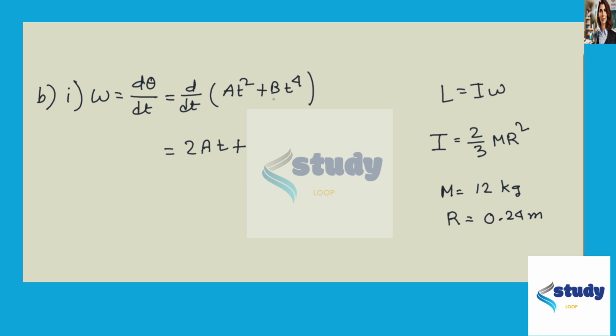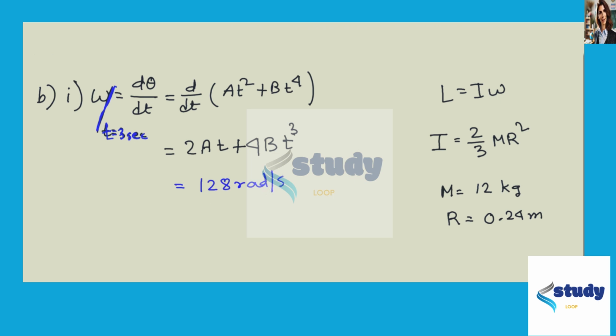Similarly for b, 4 gets placed before b, so we have 4b. Then this gets reduced by 1, so 4 minus 1 gives us 3. So that's t cubed. So this is our omega. Now omega at t equals 3 seconds will be 128 radians per second.